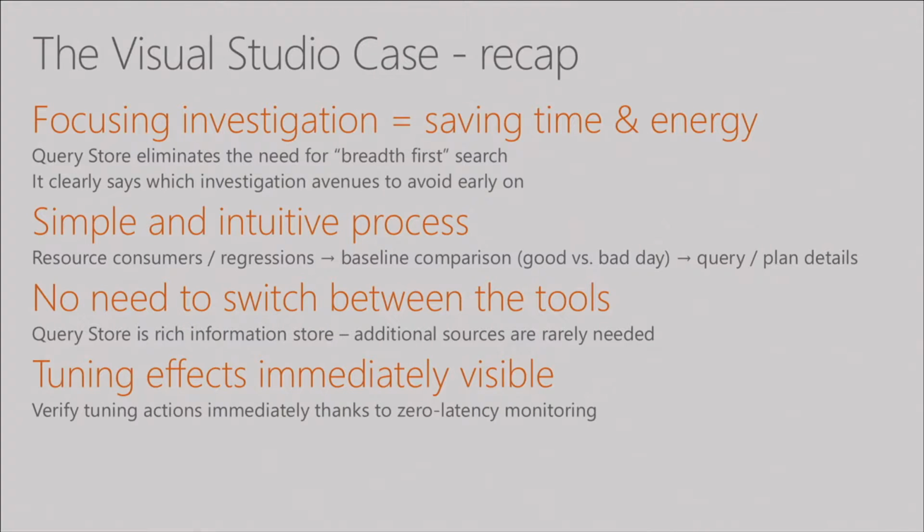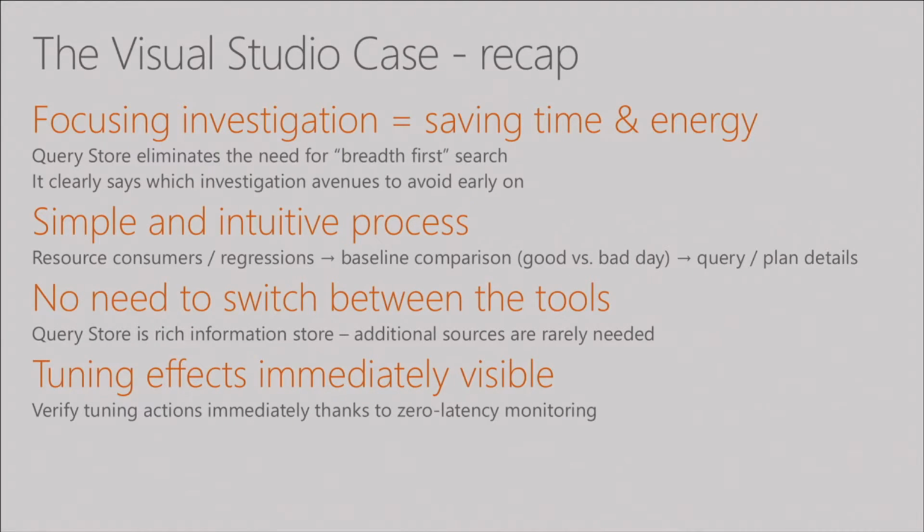They start at a high level with the database resource consumption. They try to see either top-level resource consumers or regressed queries, and they basically do a baseline comparison. Today is a regression. Yesterday was a good day. Let's compare the two and try to get some conclusions. And then finally, if they are not able to solve the problem, they go into the query plans and all the details.